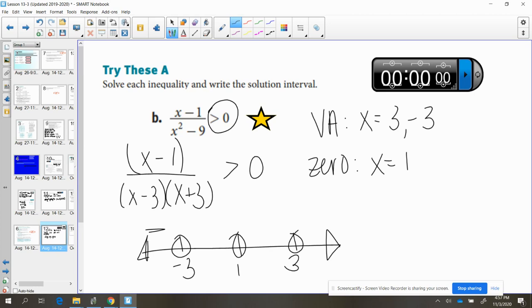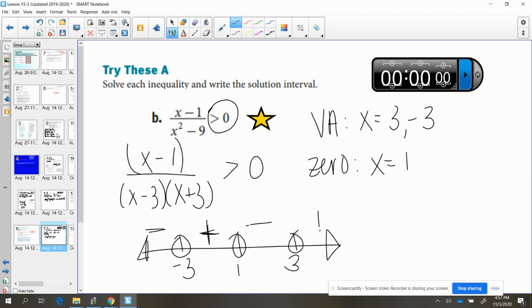And then we have a value between negative 3 and 1 like 0. So we end up again with a negative divided by a negative times positive. So this is positive. A number between 1 and 3, like 2. This is positive, negative, positive. So a positive divided by a negative and a positive overall ends up being negative.